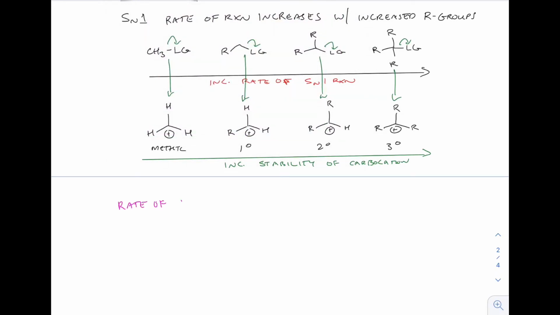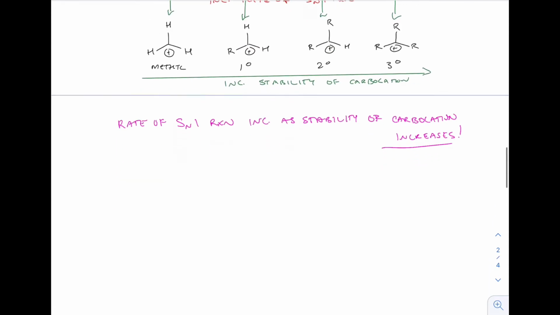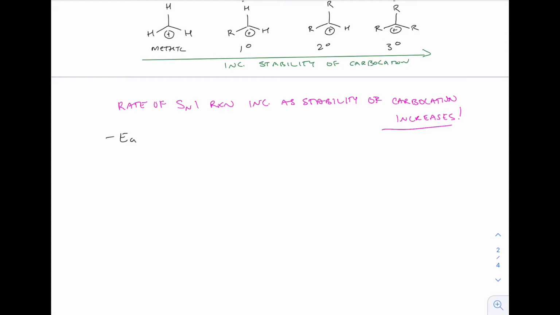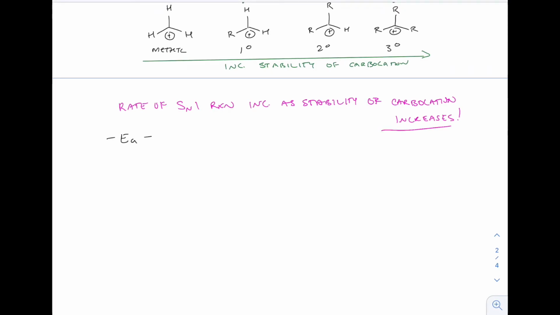If you look at the top set of reactions, those are increased rate of an SN1, right? And then we have increased stability of carbocation for the other one. So that means that as the rate of the SN1 reaction increases, the stability of the carbocation increases, okay? So when we're talking in terms of rates of reactions, that's activation energy, right? And then in terms of stability of carbocations in this case, that's delta G, okay?